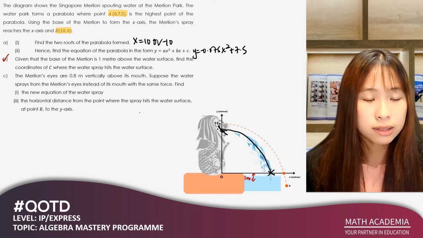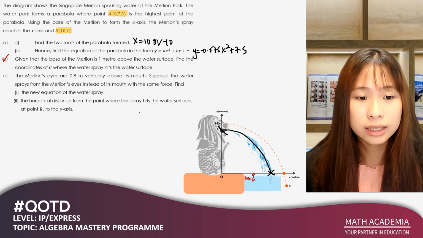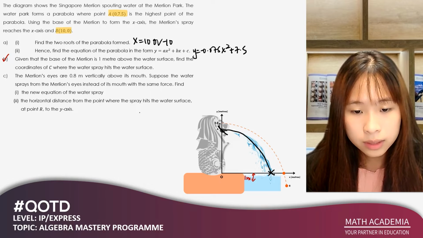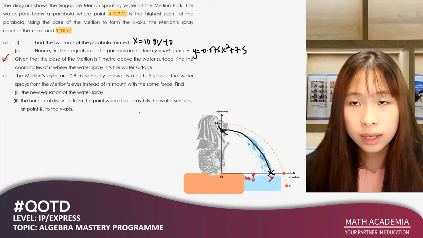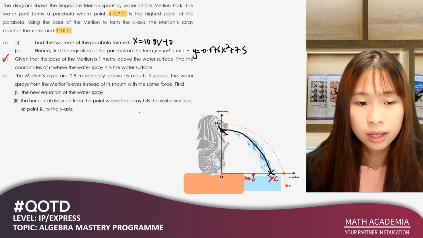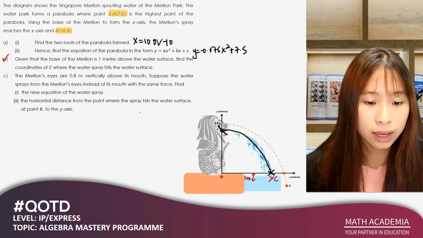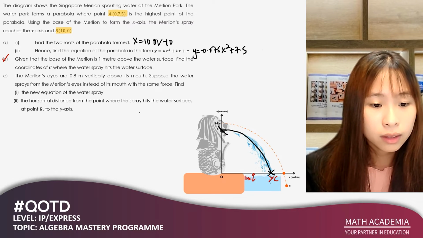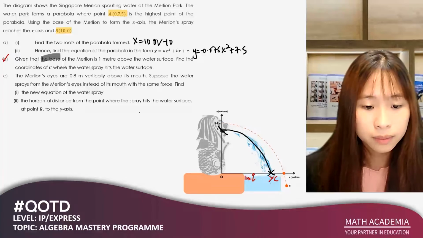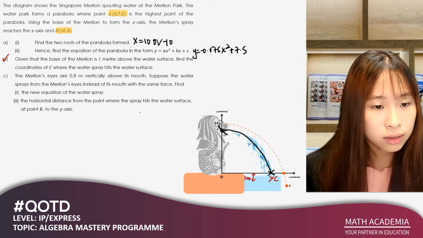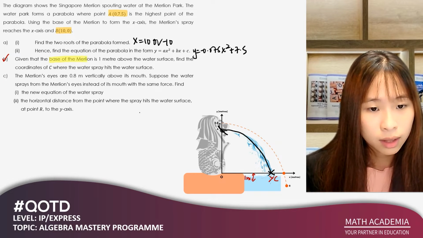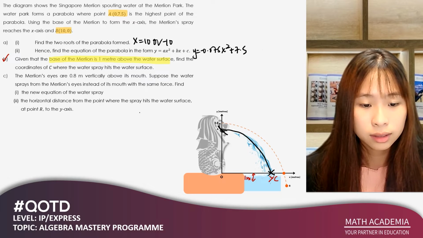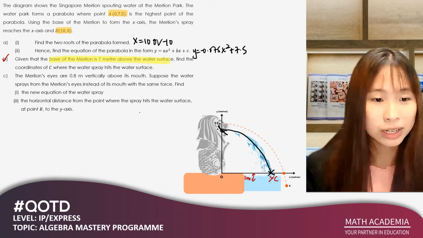Find the coordinates of C where the water spray hits the water surface. So C should be somewhere here at the water surface, and from the first line that they gave us, I can tell that the y coordinate of C is negative 1.